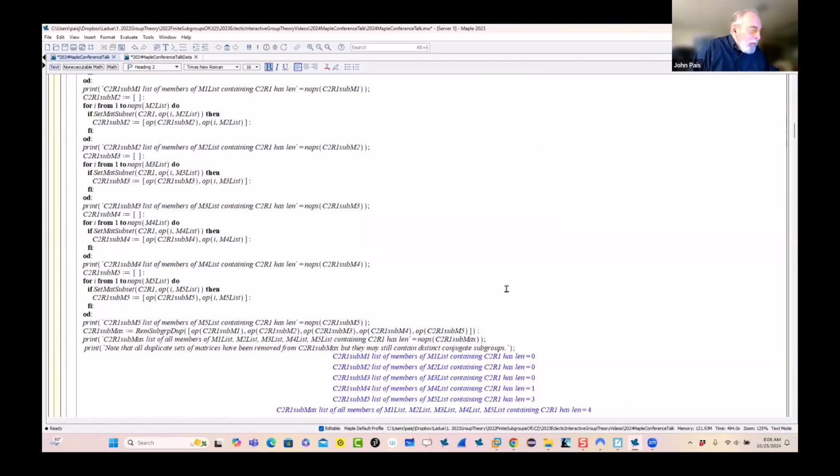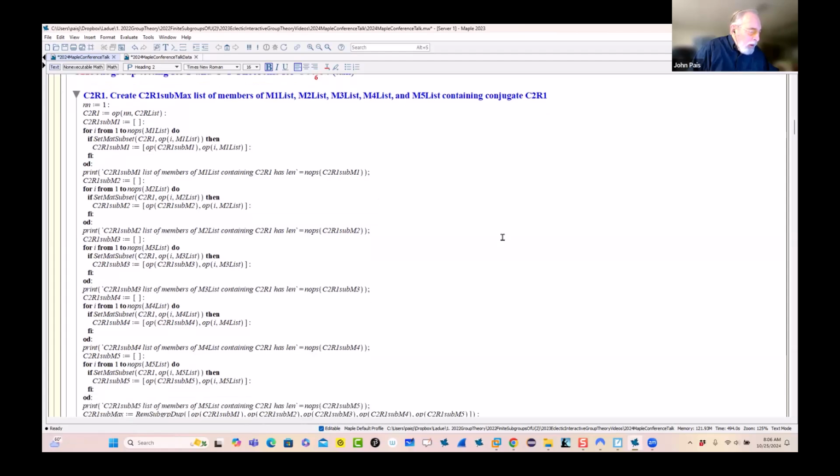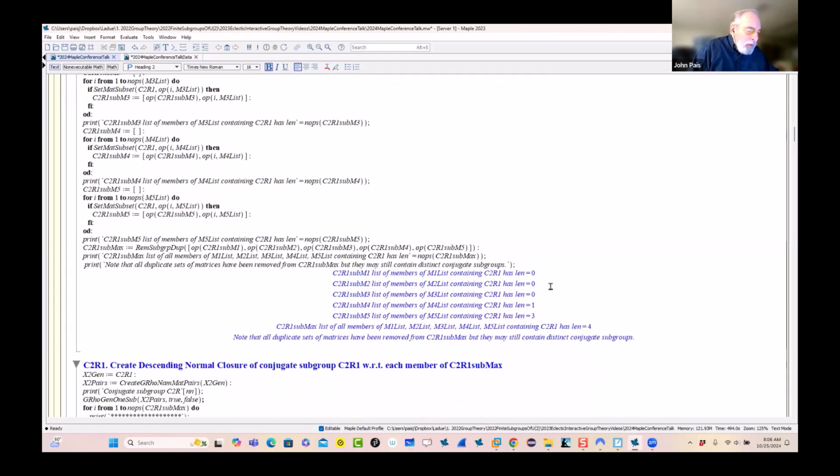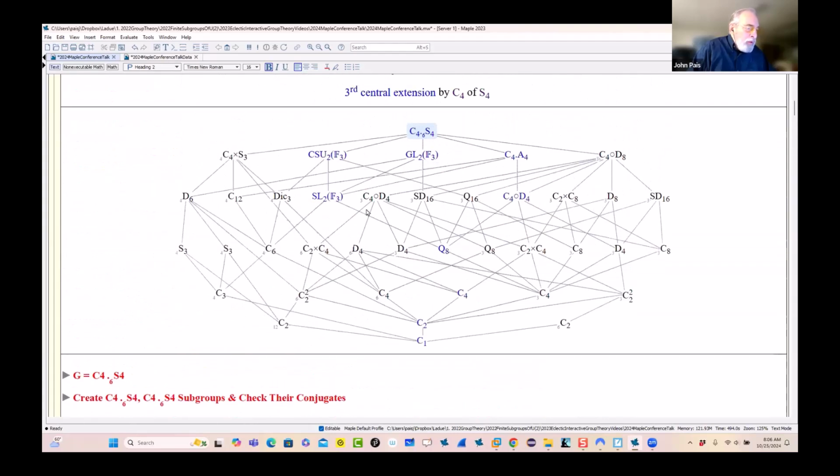The test subgroup that we're looking at here is a copy of C2. When we do that, we get that the test subgroup is contained in one of the M4 type maximal groups, and it's contained in 3 of the M5 type maximal groups. Just for this example, this is M1, M2, M3, M4, and M5, so it's not contained in any of these.